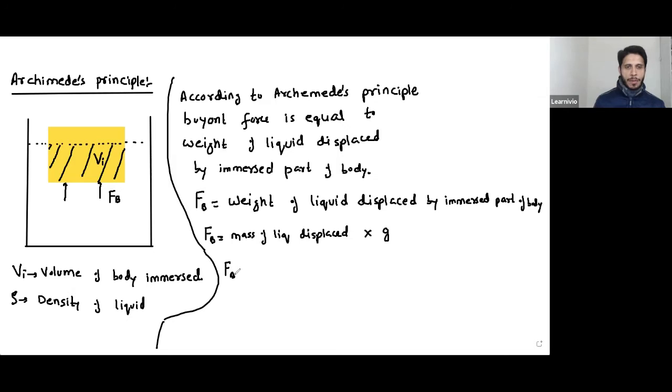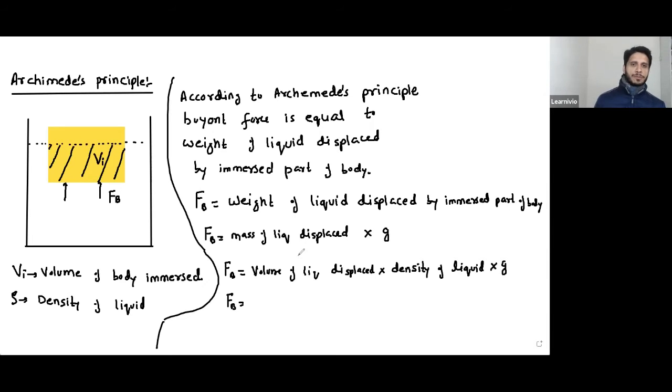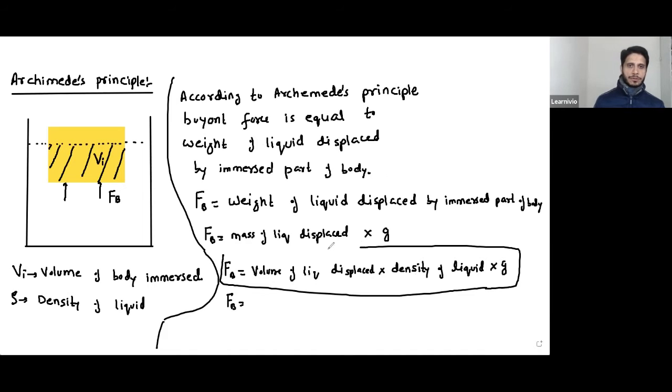You can write the mass as the product of the volume of liquid displaced multiplied by the density of liquid, multiplied by g. So volume of liquid displaced into density of the liquid into g. This is the formula of buoyant force.